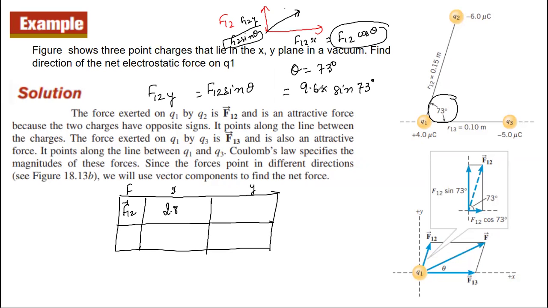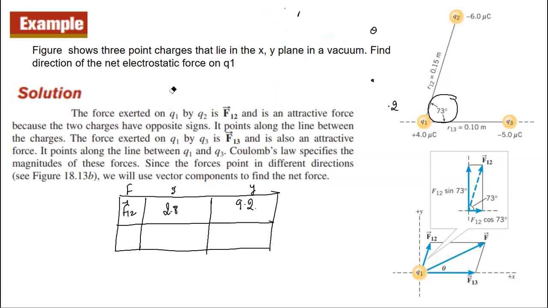I have sine 73 times 9.6. It is 9.2. Make sense? Now let me make some space on this side. Let's look at another point charge. Okay, we are done with this charge, which is present on this side, like this.